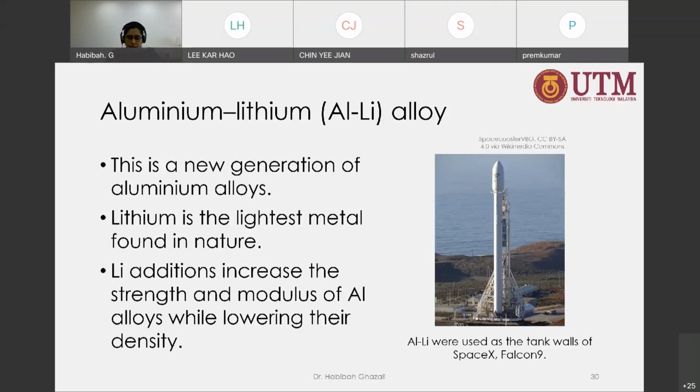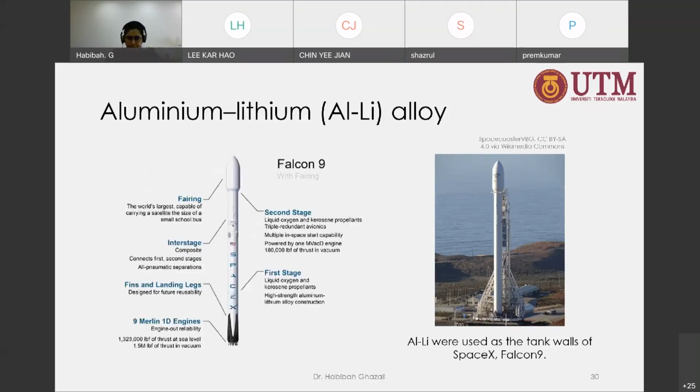So the propellant tank of the Falcon 9 is made of aluminum lithium alloy. SpaceX actually named their rocket after the Millennium Falcon, so they use the name Falcon, just to follow the Millennium Falcon in the Star Wars series.